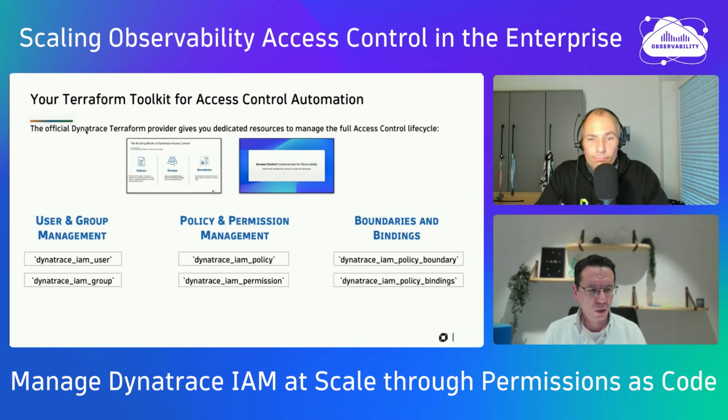Finally, what brings it all together: boundaries are further restrictions to the policies, which are repeatable components. You already talked about this. And the bindings is the final resource that actually strings everything together. Puts the policy to the group and puts the boundary to the policy, and so on and so forth.